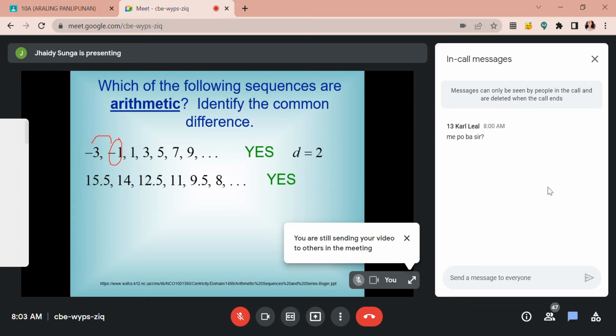This is the way the teacher assesses the student. 0.5 po? I'm not sure po. So let me know from the class, what is the formula? Let us have Carl Justin Villamor. Let me know what is the formula in getting the common difference.